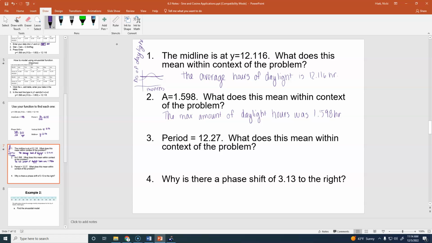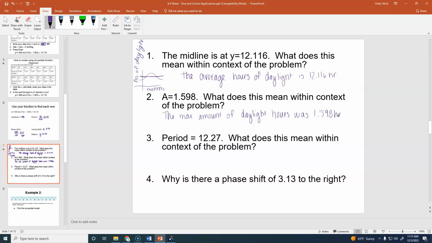Amplitude is not our maximum value. It's from the midline to the maximum value, right? So the maximum would be 1.598 hours above what? The average.